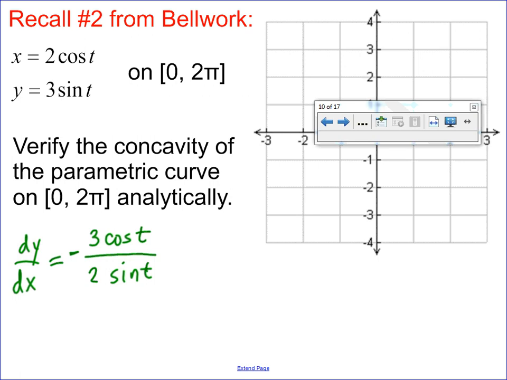Okay. So there's our dy dx. How do I get our second derivative, d2y dx squared? Well, I need to take the derivative of this expression with respect to time and then all over dx dt. So what rule will I use for my top?